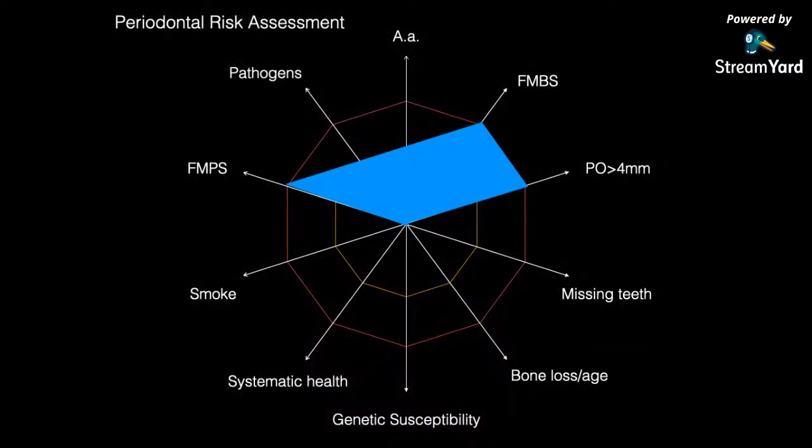And this is what we call a spider net. We do the assessment in multiple ways and try to make this blue part smaller.